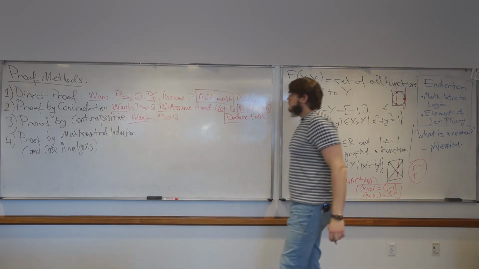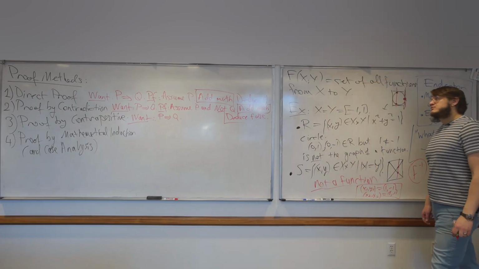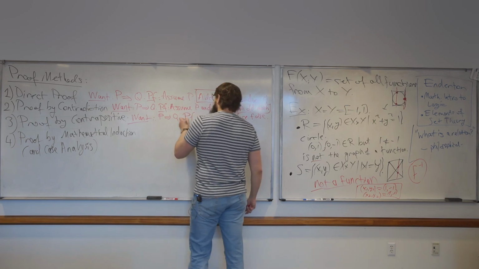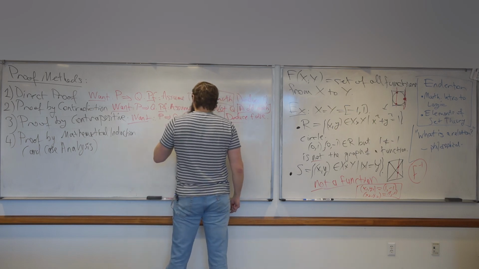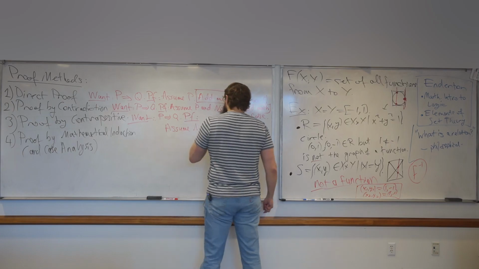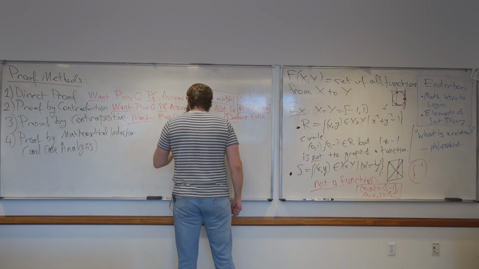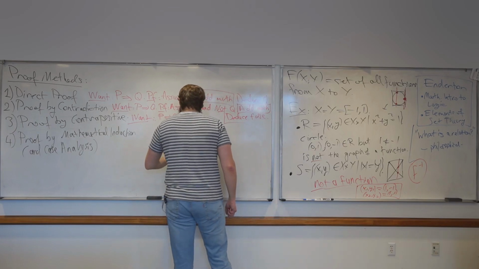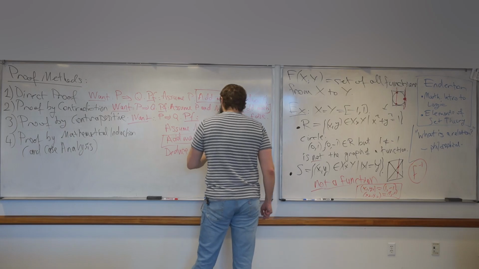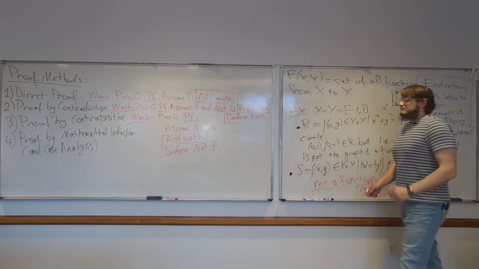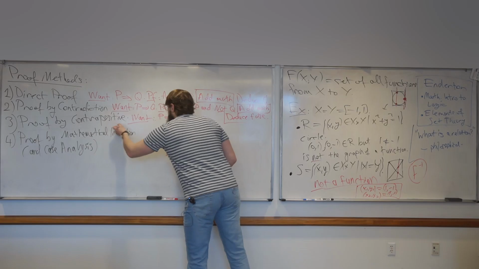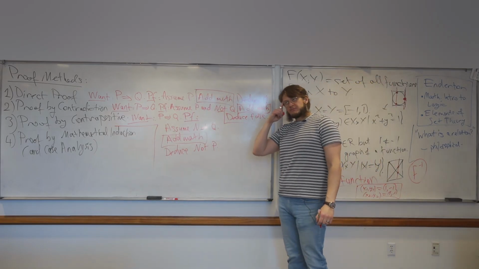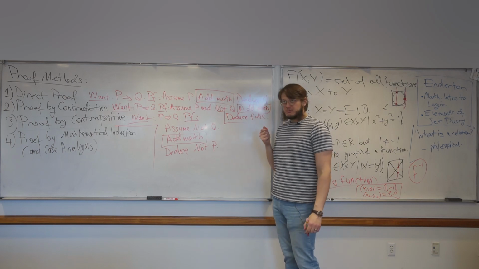And this time, you assume not Q, do math, and then try to get not P. I'll talk about induction later. Okay? These are the general shapes of these three arguments.